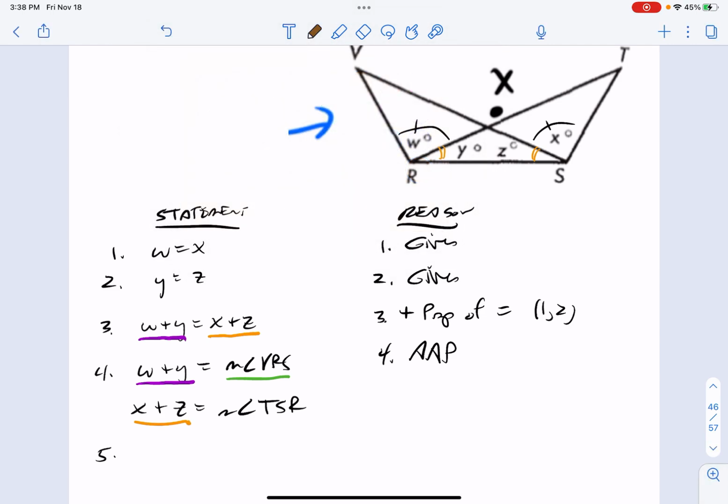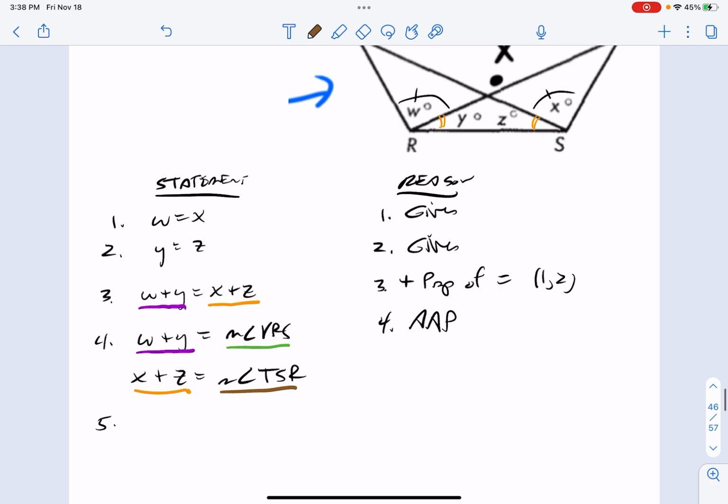And we're saying that it's the same as measure of angle TSR. So green equals purple, purple equals orange, orange equals brown. We can combine that to say that the measure of angle VRS is equal to the measure of angle TSR. That is transitive property.